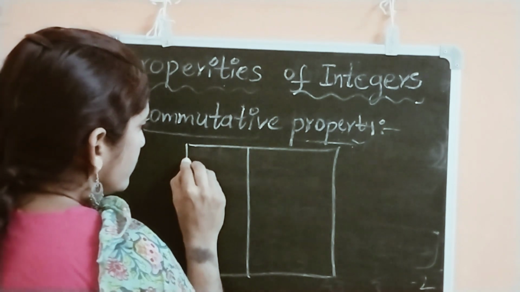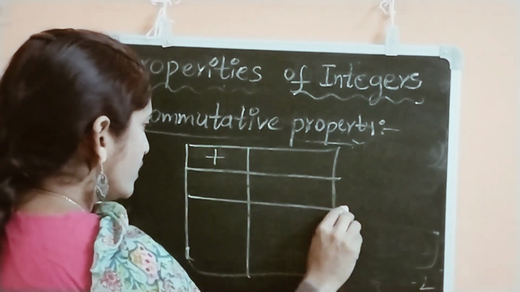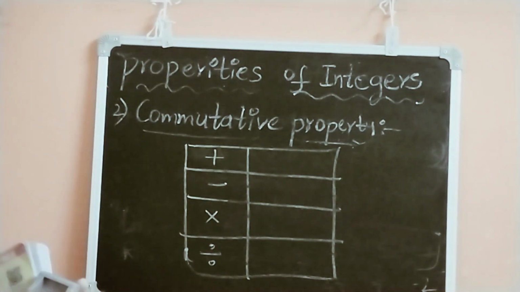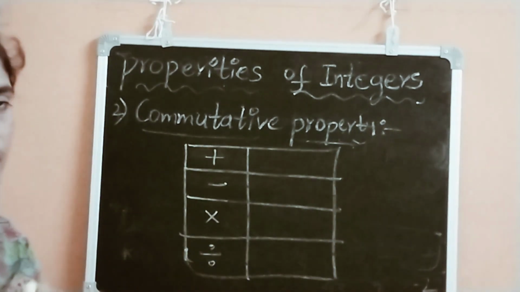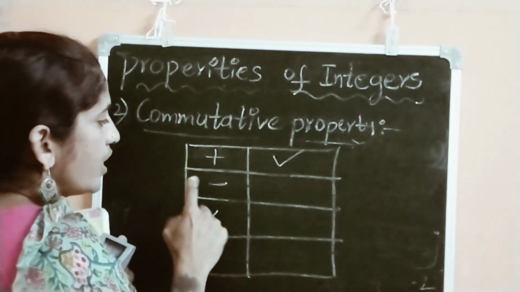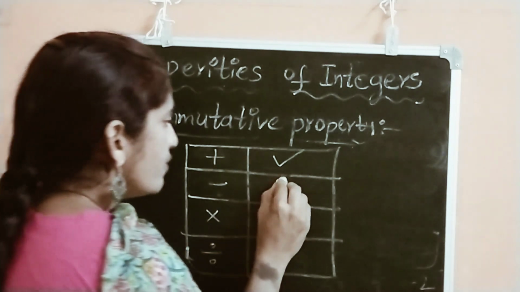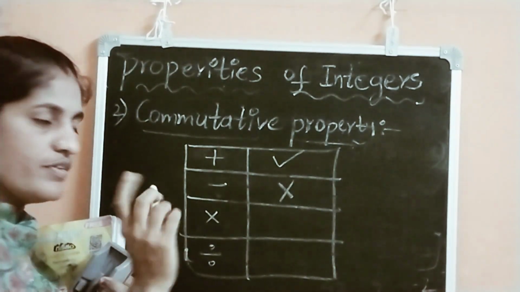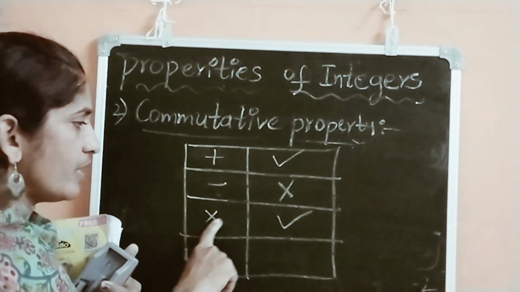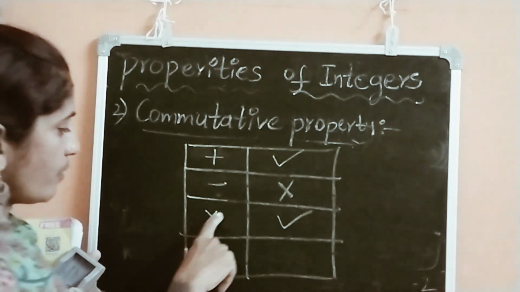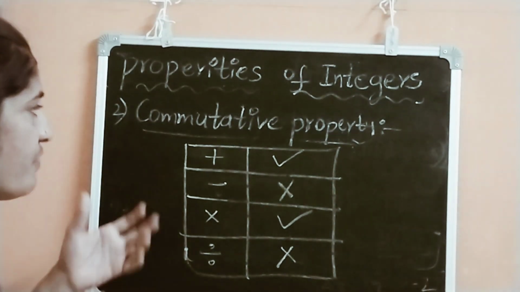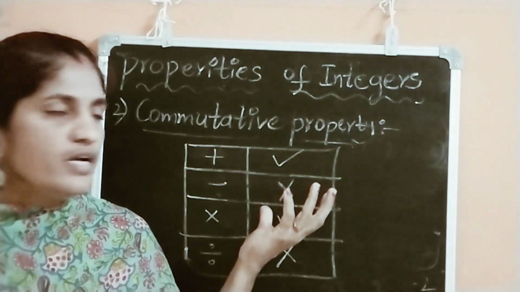Under addition possible, under subtraction possible or not, not possible. Under multiplication possible or not in integer system, possible. Under division is possible or not, not possible. So under multiplication it is possible, but under division it is not possible. That is the commutative property in the integer system, we generalize.